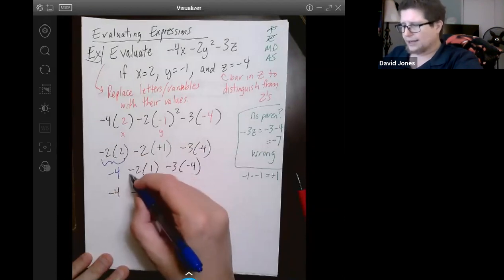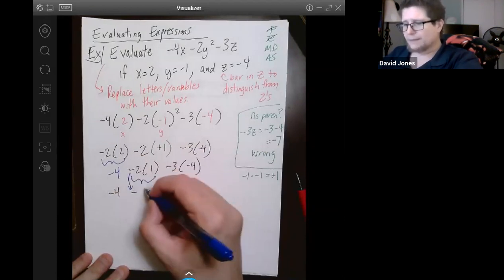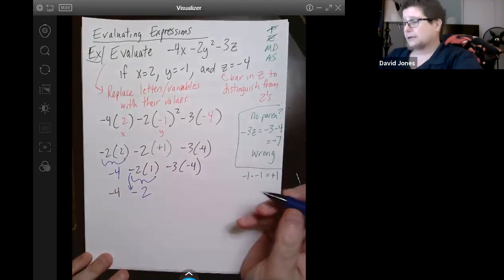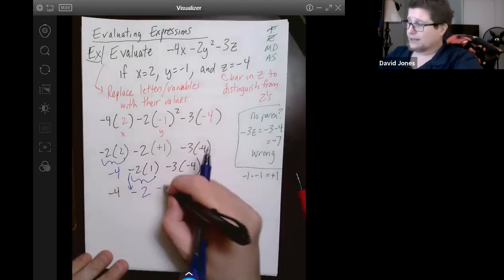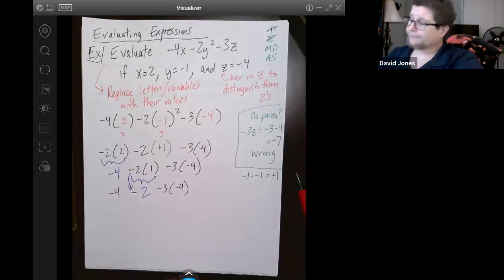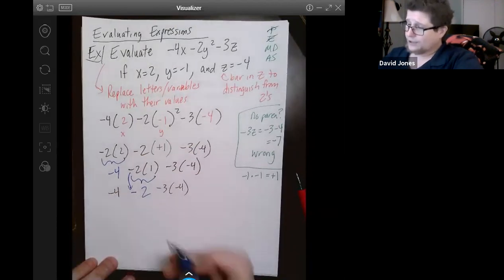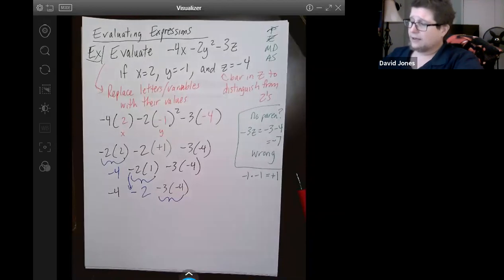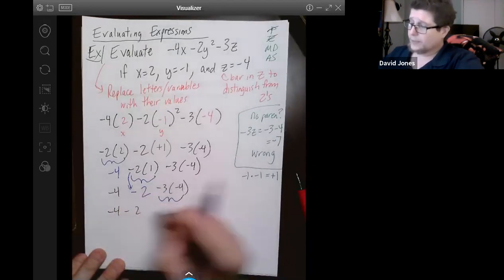Or you could treat the negative as coming down and then just do 2 times 1 is 2. And we still have -3 times -4. We do that operation. These stay the same.